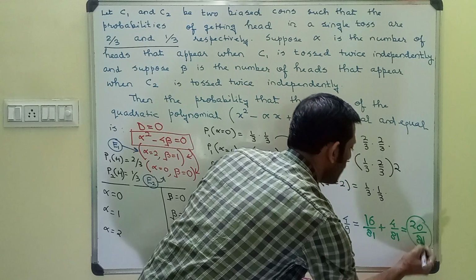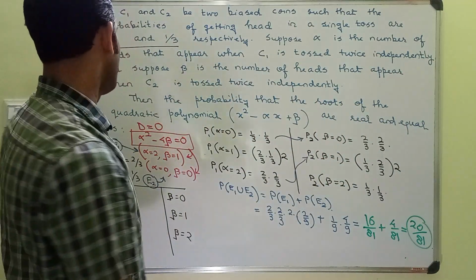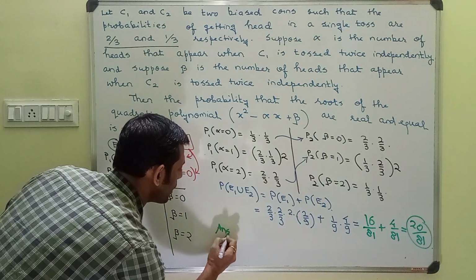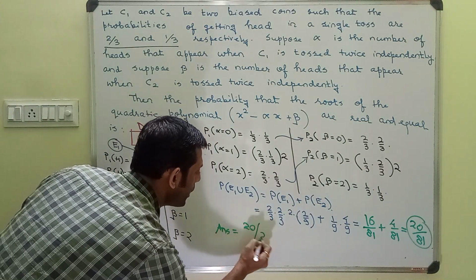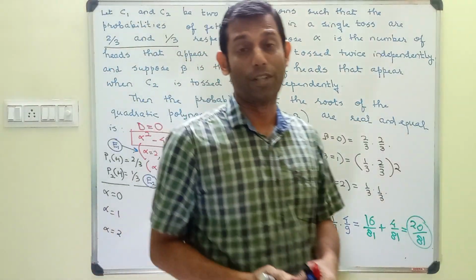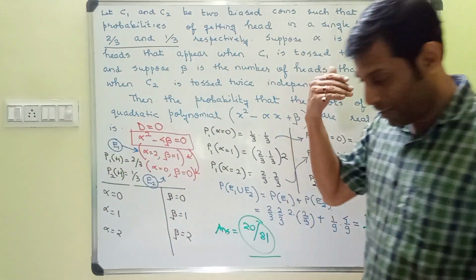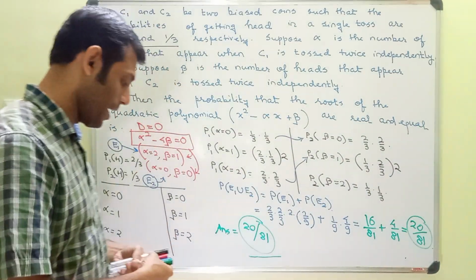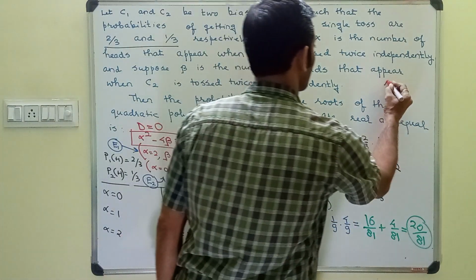You see this, 20 by 81. So 20 by 81 is going to be your right answer, and the answer of this question should be equal to 20 by 81. This is how we solve a probability question with the distribution involved and with the conditions involved and different concepts. This is a JEE Advanced 2020 question.